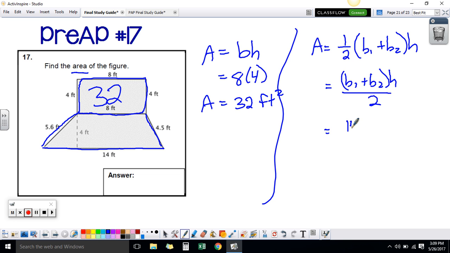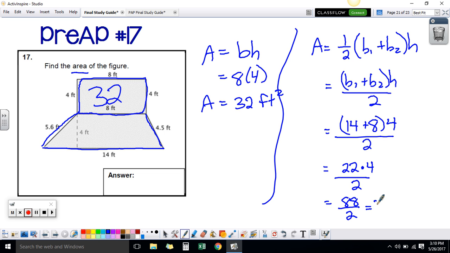So my base 1 is 14 plus my base 2 is 8 because it shares that side with the rectangle, times the height of 4, because remember it's got to make a 90-degree angle from the top of your shape to the bottom, so times 4, and then divide by 2. 14 plus 8 is 22 times 4 divided by 2 gives us 88 divided by 2 equals 44 square feet.